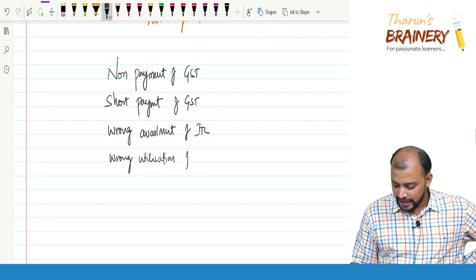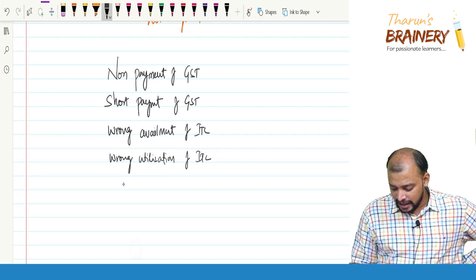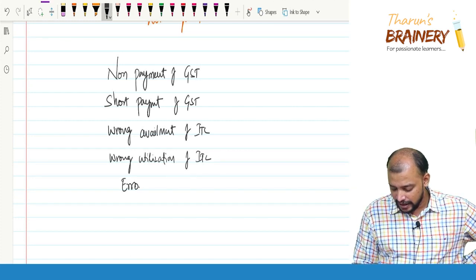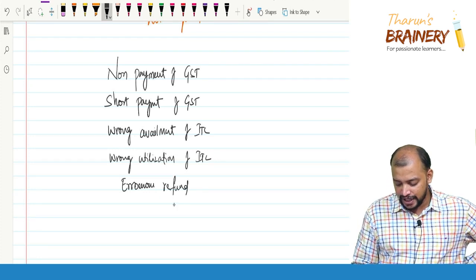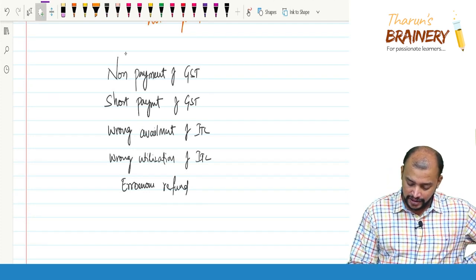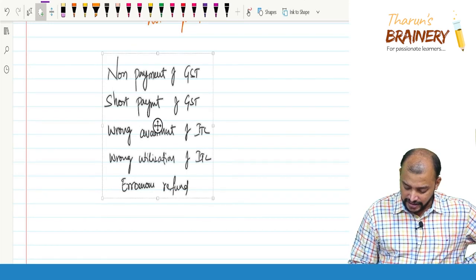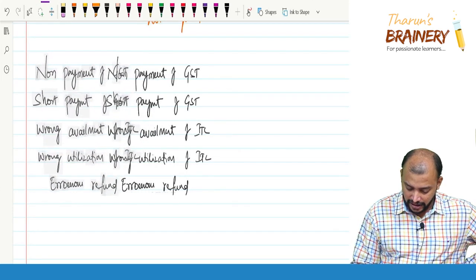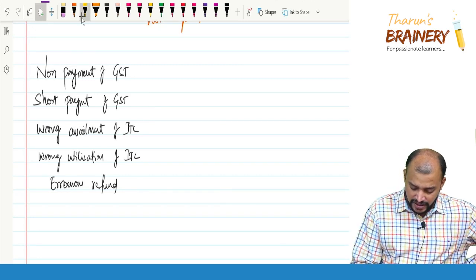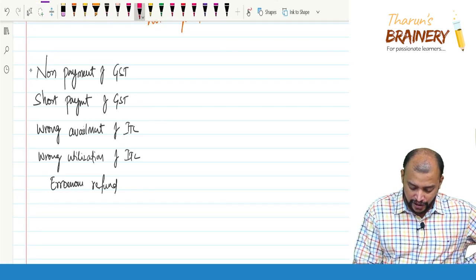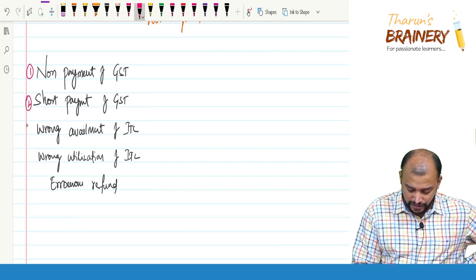Then erroneous refund means you are not supposed to get refund but you got the refund. In these 5 cases, we need to check on account of what? 1, 2, 3, 4, 5.